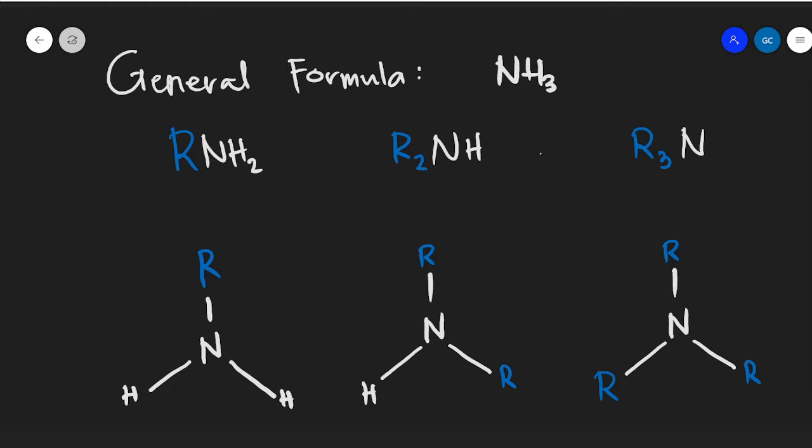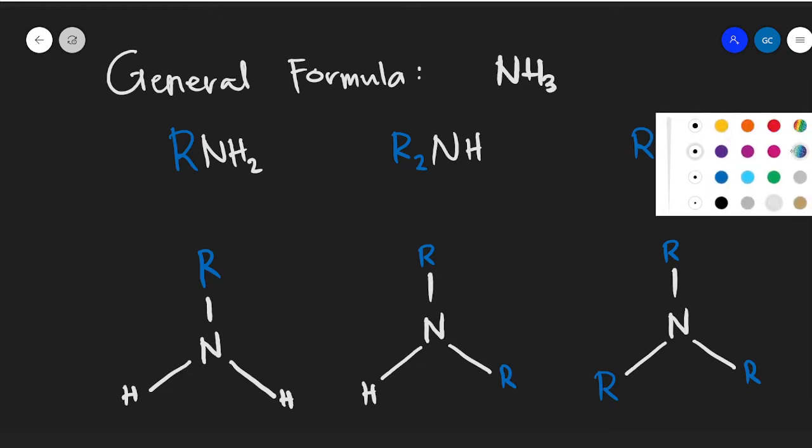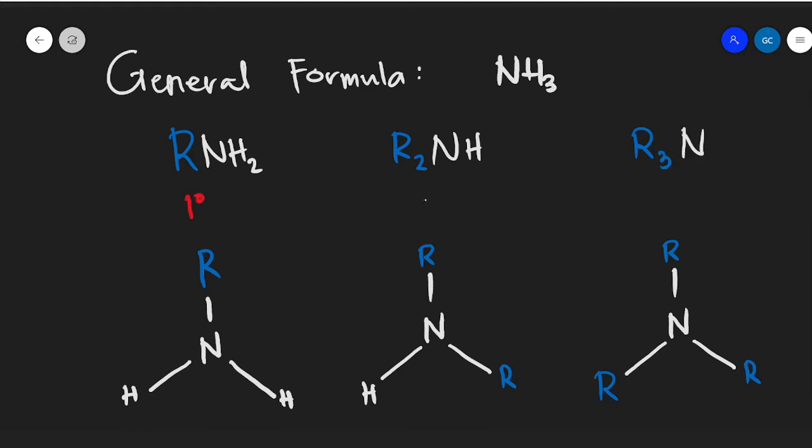This is our primary amine. This one is primary. This is secondary. Why secondary? Because we have two R groups attached to our nitrogen atom. And this is what we call our tertiary amine because we have three R groups attached to our nitrogen atom. So those are the classifications and also the general structure and the general formula of our amines.